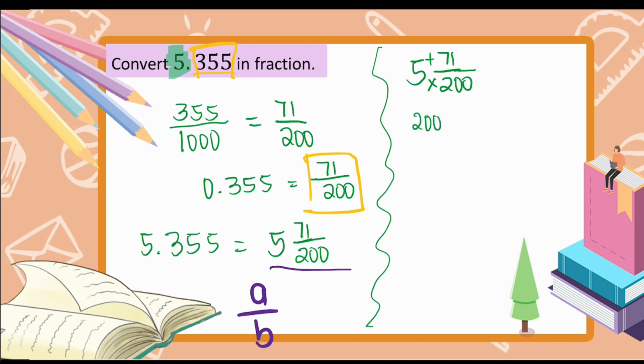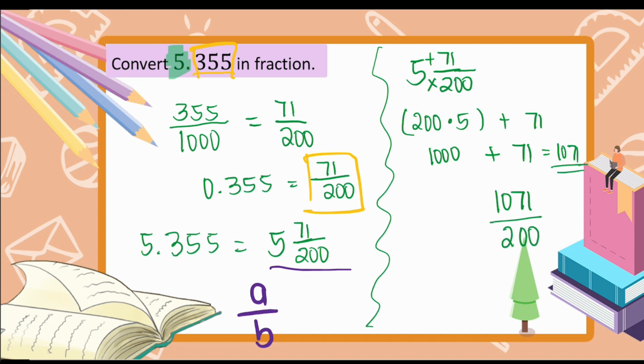So, 200 times 5 plus 71. So, 200 times 5 is 1,000 plus 71 is equal to 1,071. This 1,071 will become our numerator. Then, our denominator will be still 200. Therefore, 5.355 is equal to 1,071 over 200. That is our final answer.